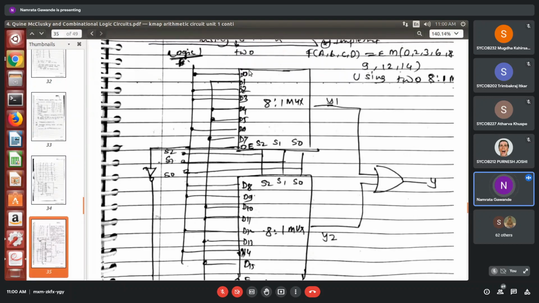Let's consider here, suppose we have selected the input combination 0 0 1. 0 0 1 means which data input will be getting selected? D1. So when D1 is selected, we'll get the output as 0.